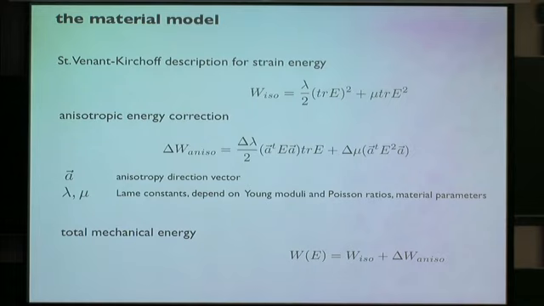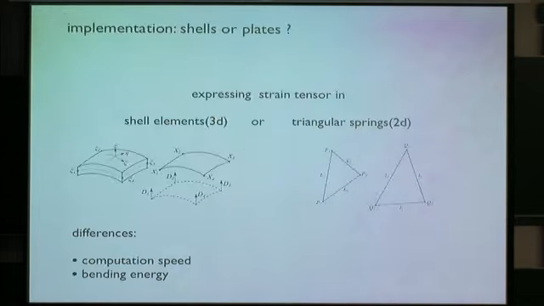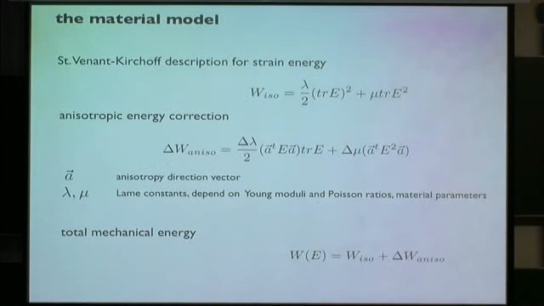Okay. So we have these material constants and anisotropy direction that, in addition to strain, can give us the value for the mechanical energy, and then we can take the derivative with respect to strain and calculate the stresses on different elements.